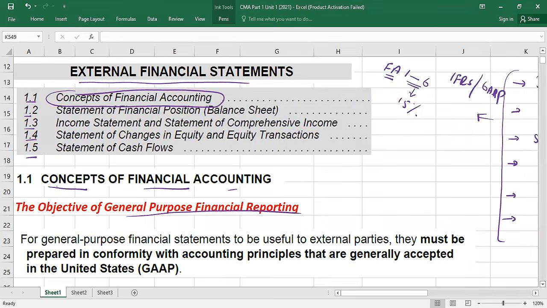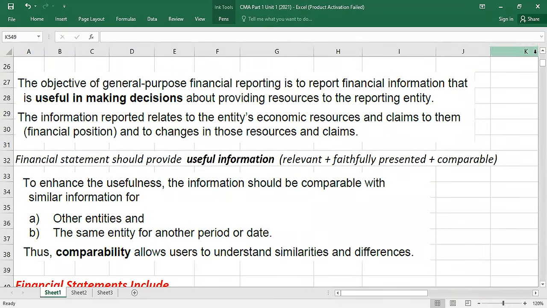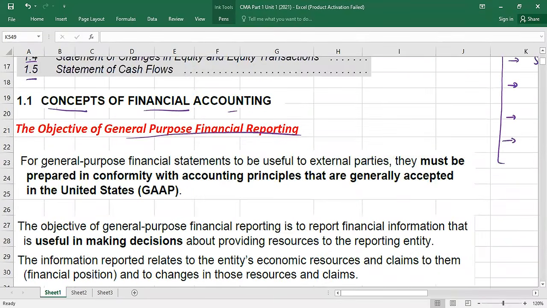Now here, what is the point we are going to discuss? The point which we are discussing is called the objective of general purpose financial reporting. What is the objective? Objective is very simple. The objective is to provide useful information. Which information? Useful information.